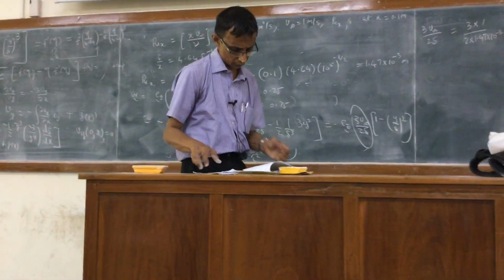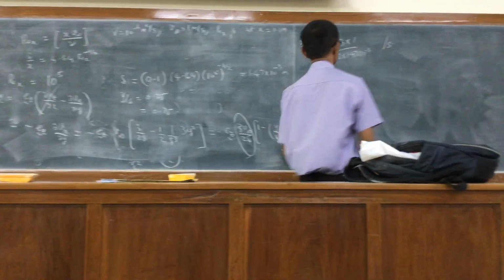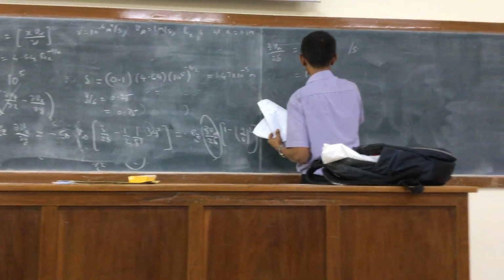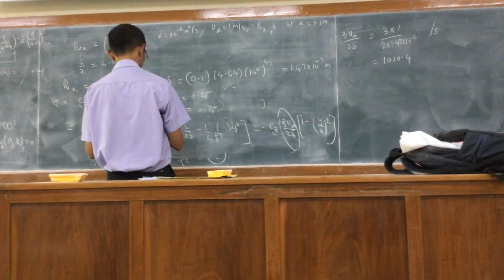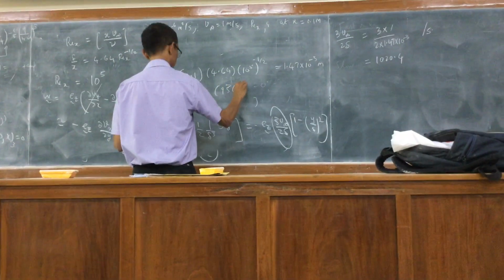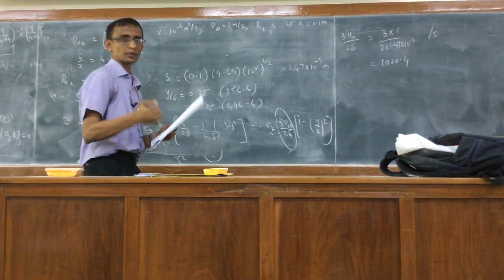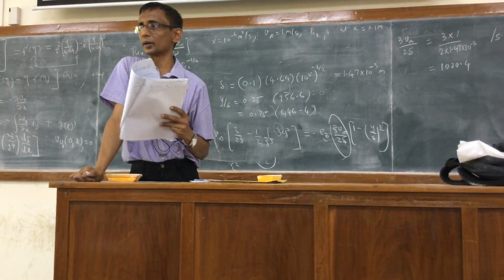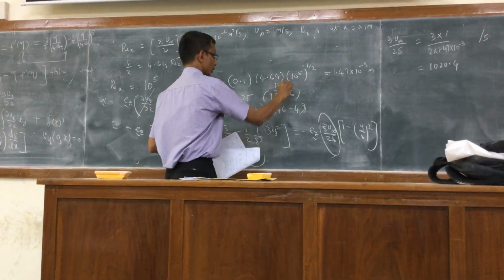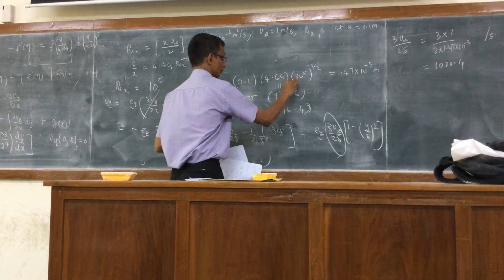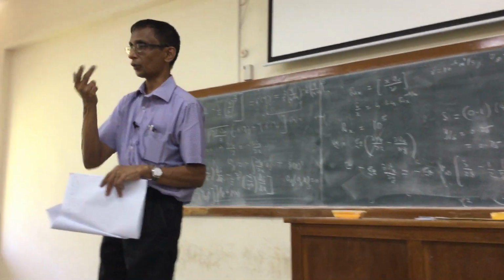So this value, you can easily see, what I am getting is 1020.4, and if you calculate these, this one is 956.6 and this is 446.4. You can see the vorticity magnitude, I am not having the sign, but the vorticity magnitude is progressively decreasing as we go towards the boundary.